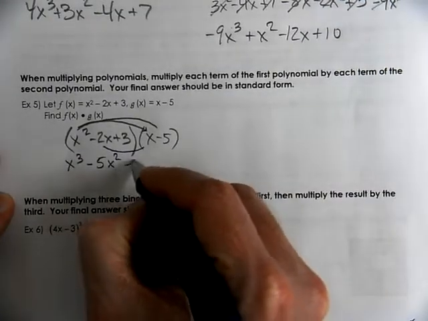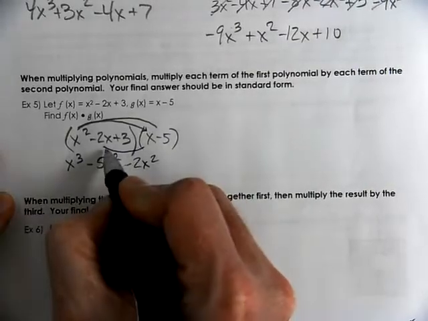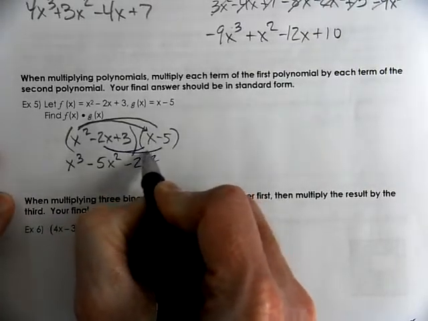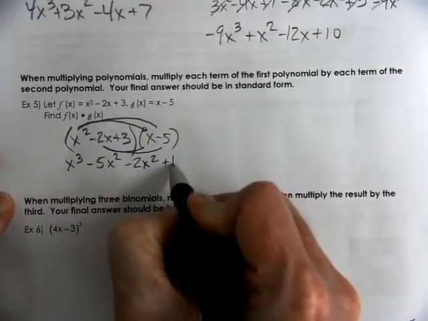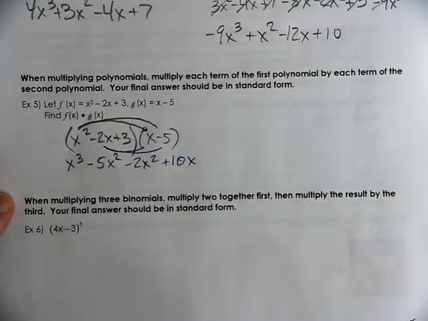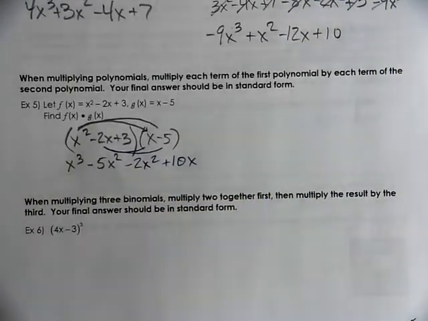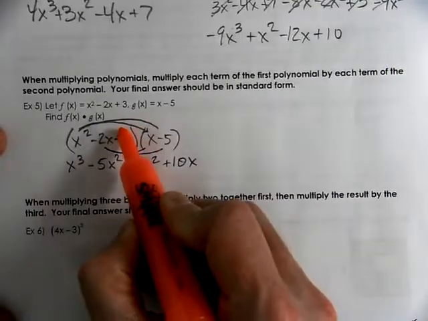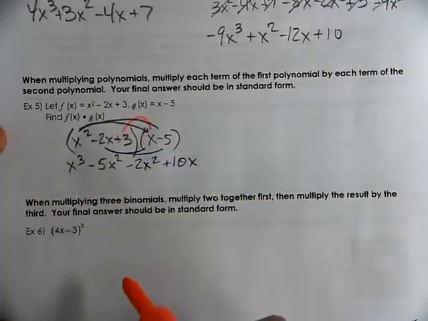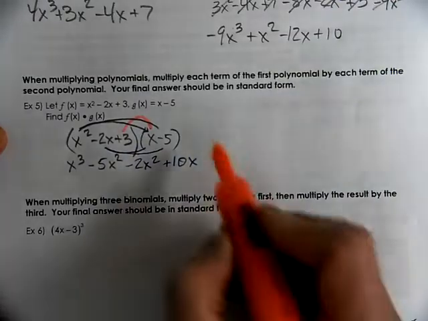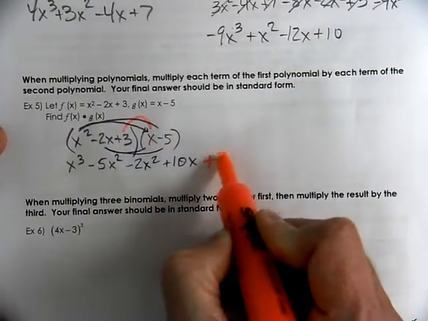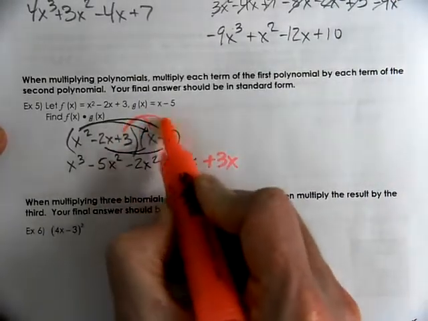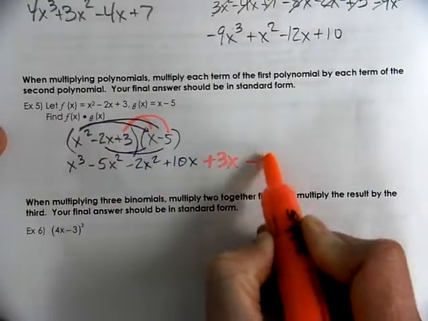That gives us negative 2x squared and a positive 10x. Then we'd come through and do the same calculation with our 3. So we're going to get 3x and negative 15.